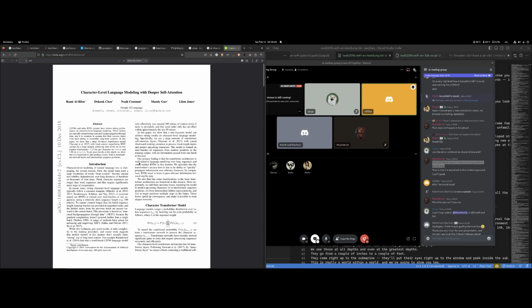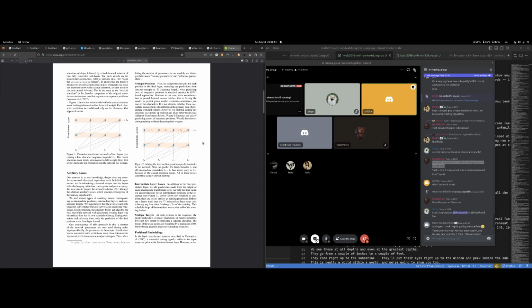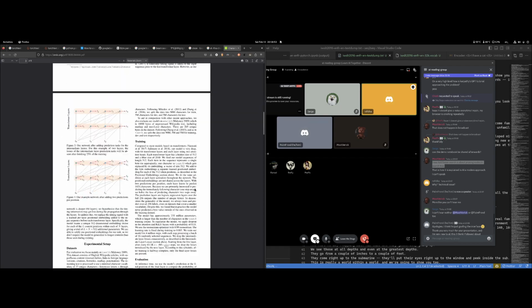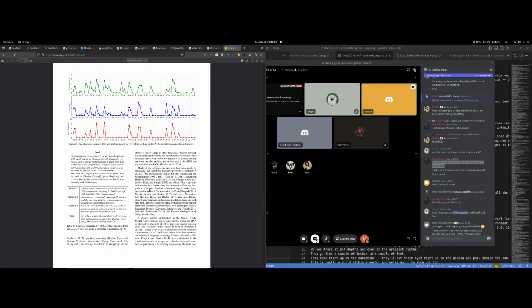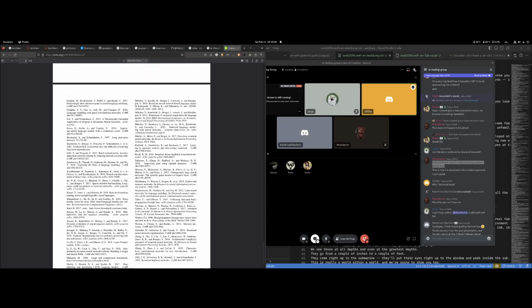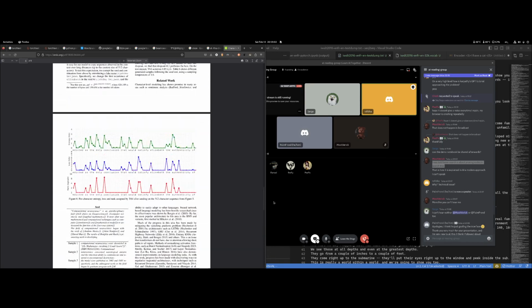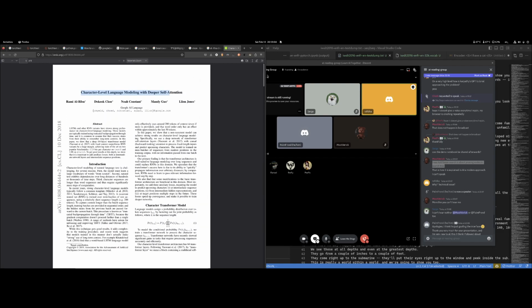I don't know about them now. So I think they did try to do a character level language model, and that might be a good paper to go through. I did read it, but I can't remember the findings and whether it was a good result or better than byte pair encoding.